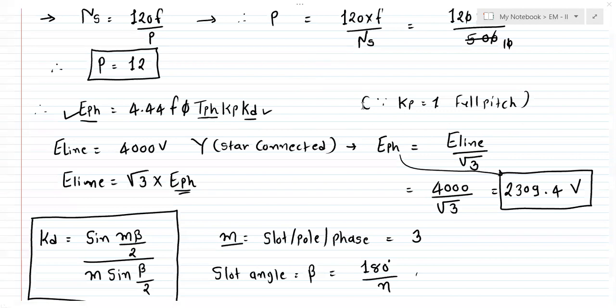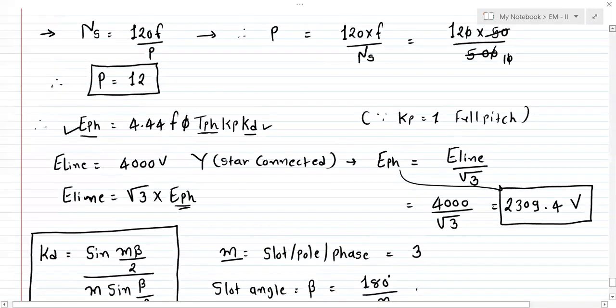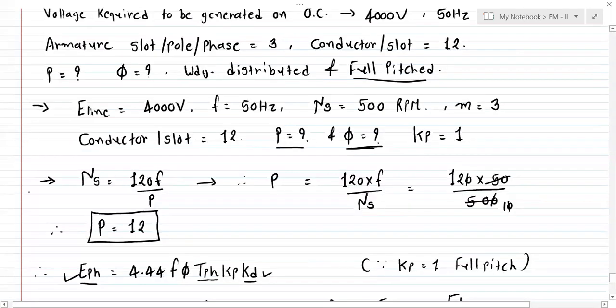Here, one piece of data is given in the example: conductors per slot is equal to 12.